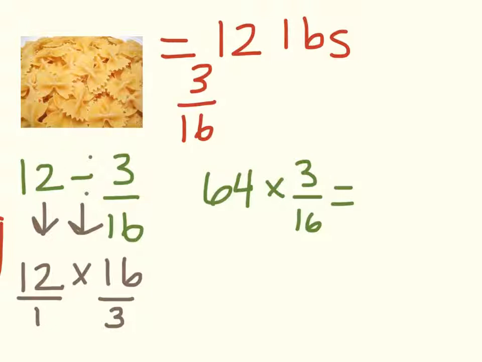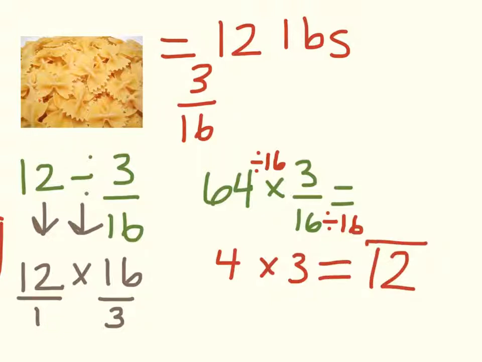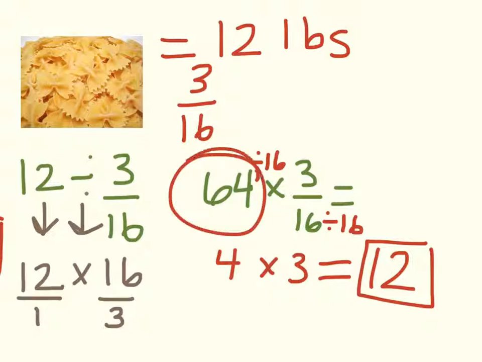Sure, we know they can both be reduced by, well, 16 actually. They're both divisible by 16. So now we'll rewrite our problem as 4 times 3, because 64 divided by 16 equals 4. And hey, look, we end up with 12 pounds of pasta. So our calculation that there were 64 servings must have been correct.